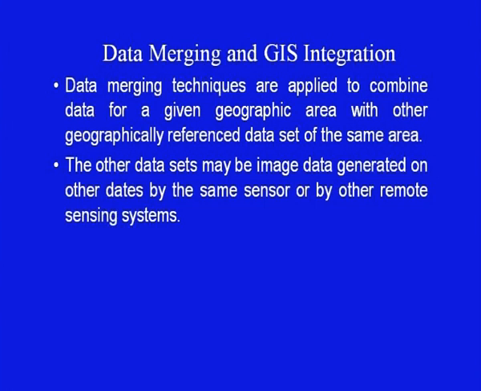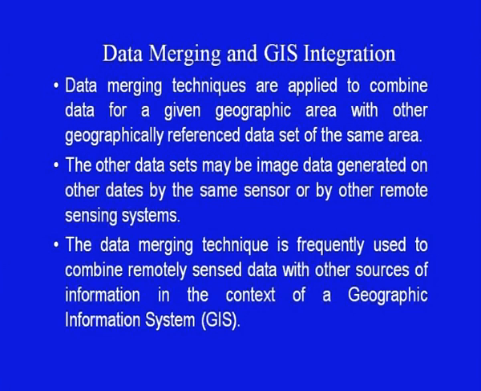The other data sets may be image data generated on other dates by the same sensor or by other remote sensing systems. The data merging technique is frequently used to combine remotely sensed data with other sources of information in the context of a geographical information system, or in short known as GIS.